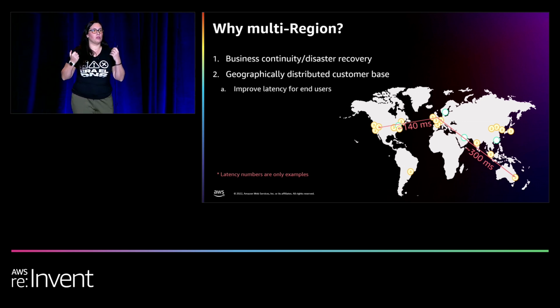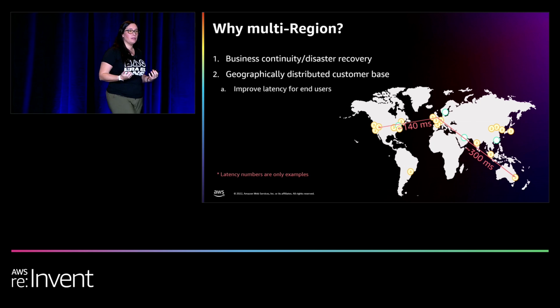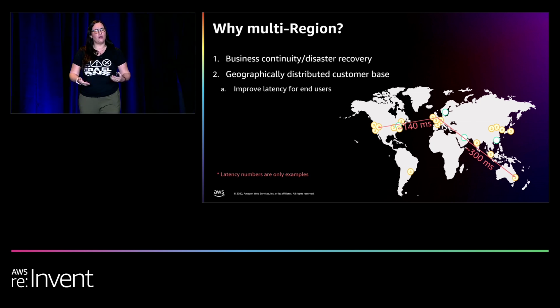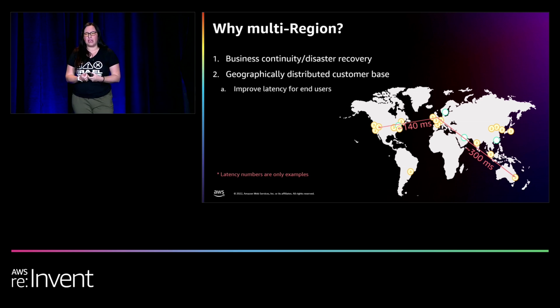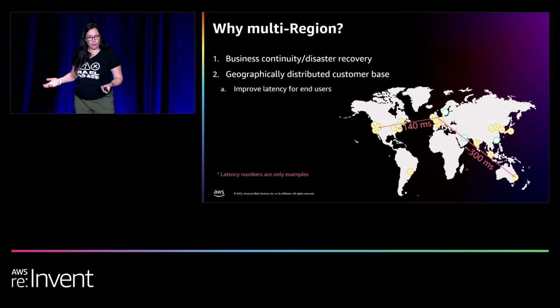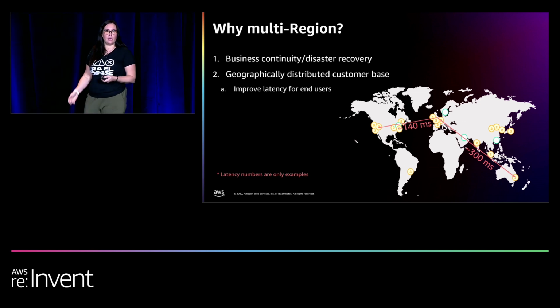When they are expecting the response from a website or from a service you have, the closer that service is to them, the faster it will respond. And we know that end users don't have a lot of patience, and they get very sensitive very fast, and they go to another company that responds faster. So we want to provide the best service.